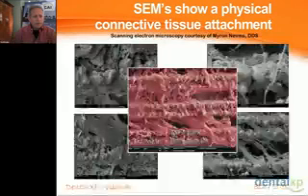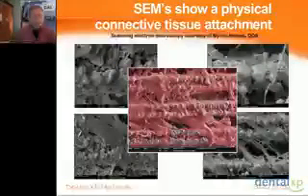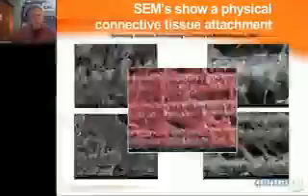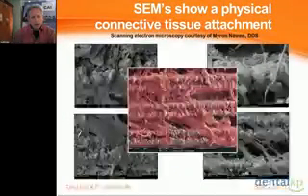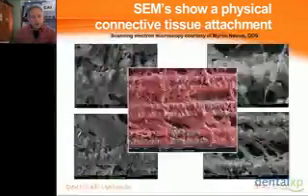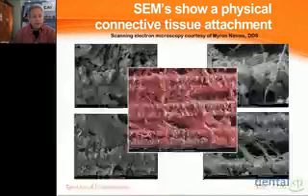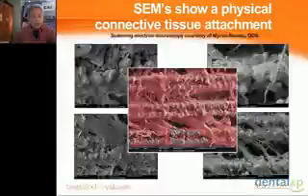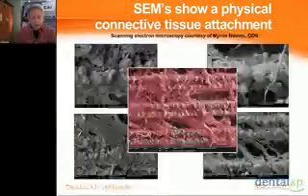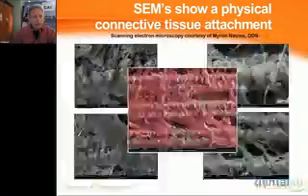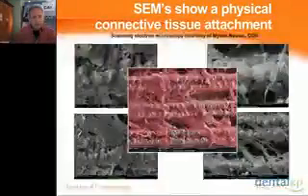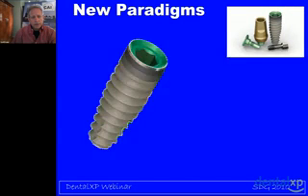Myron Nevins did some incredible scanning electron microscopy and histology showing this physical connective tissue attachment. What you're seeing here are some of the beautiful images they've created in the published research. If you want to learn more, I suggest you go to the BioHorizons website, or you can contact Dr. Nevins directly. I'm sure we can get you copies of that literature.